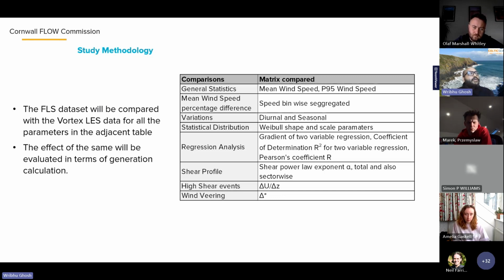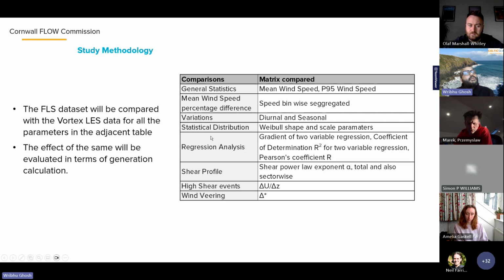We're going to check if the model data is capturing diurnal and seasonal variations. We will compare the statistical distributions and the Weibull parameters. We will do a regression analysis, and we are going to share some of the KPIs that we defined for the regression analysis, which we have taken from the Carbon Trust roadmap.